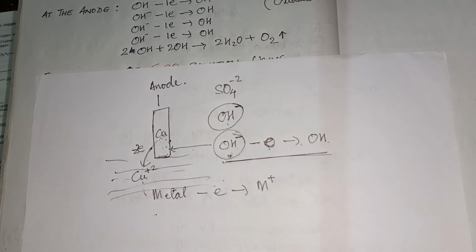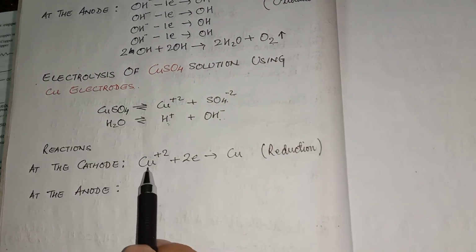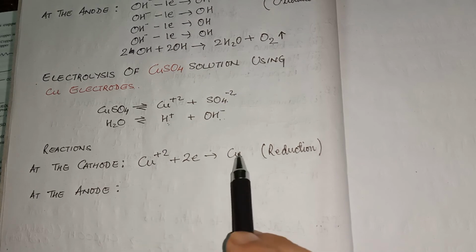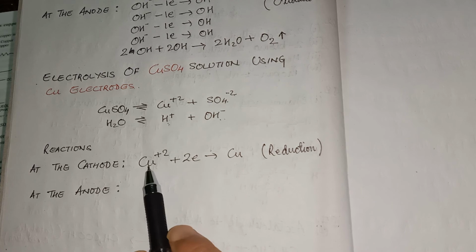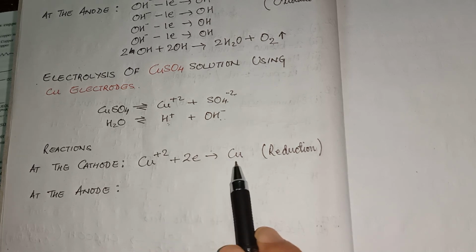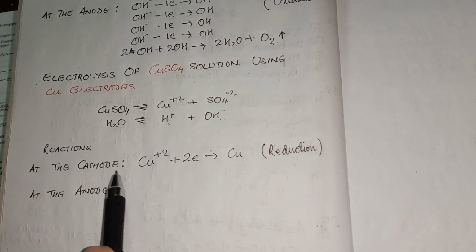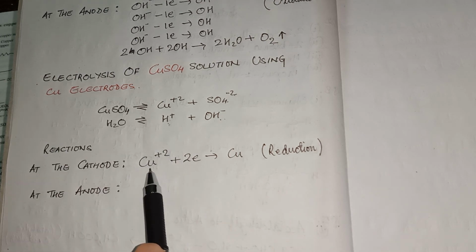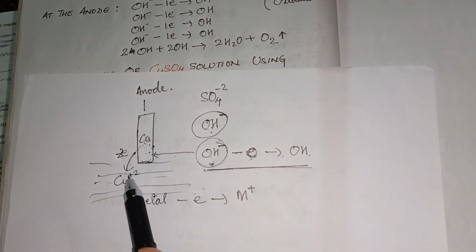But in the solution the copper ion will always remain there. The number of copper ions will not become less, because at the cathode the copper ion of the electrolyte gets converted into neutral copper atom. That means the number of cations gets decreased due to the reaction at the cathode, but the same number of copper ions gets formed from the anode.